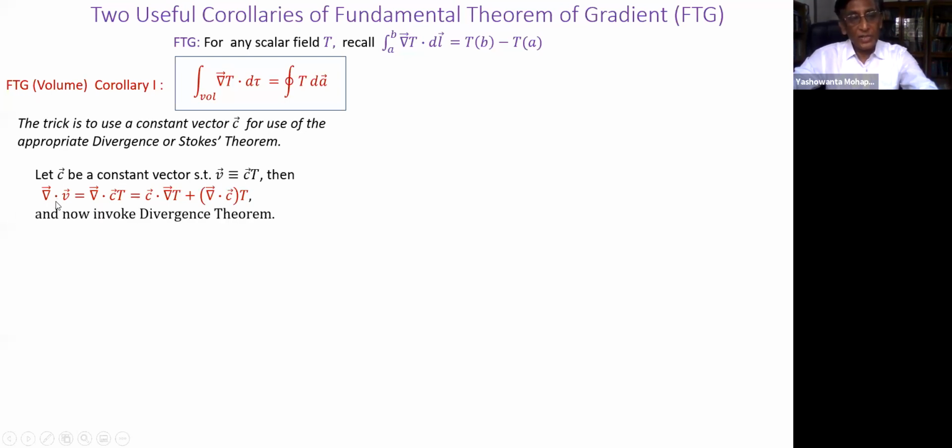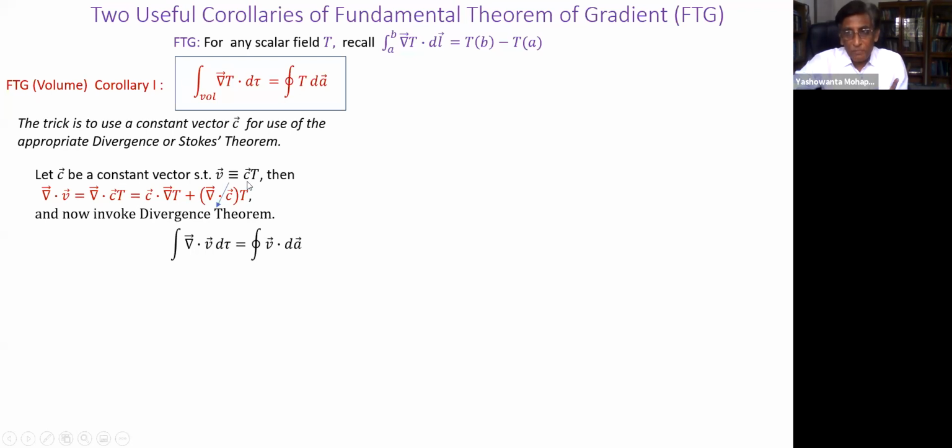If I take the divergence of V, that is C dot the gradient of T plus T times the divergence of C, but C is a constant vector, so that term becomes 0. Then I use the divergence theorem: the integral of divergence of V d tau is the integral of V dot dA.